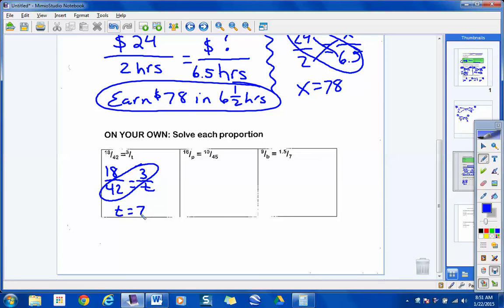Okay, so the next two that you have: 16 over p equal to 10 over 45, and 9 over b equal to 1.5 over 7.